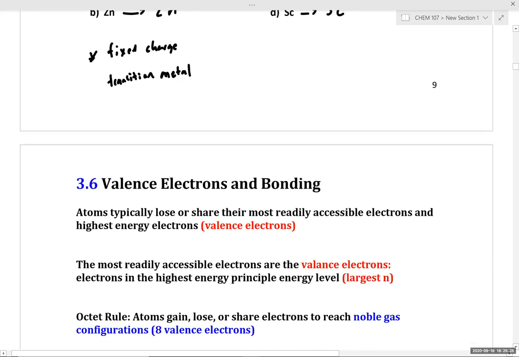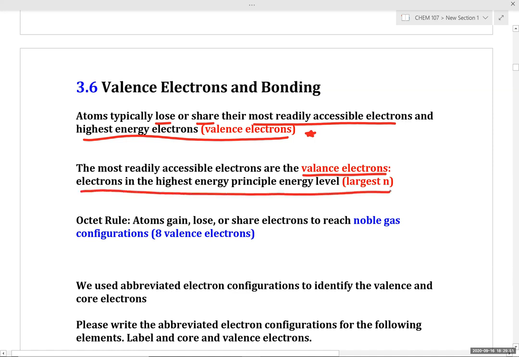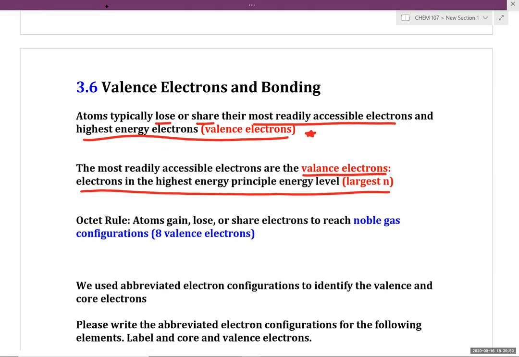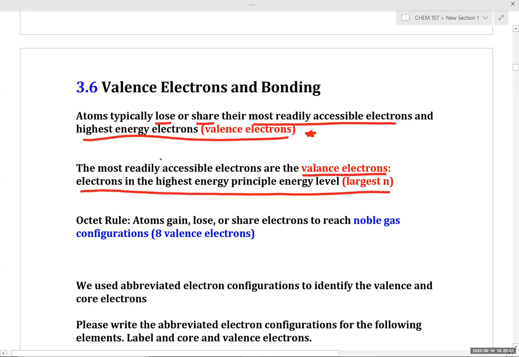Okay, let's keep going and let's talk about valence electrons and bonding. Atoms typically lose or share their most readily accessible, highest energy electrons, otherwise known as the valence electrons. The valence electrons are defined as the electrons in the highest principal energy level, the electrons with the largest n value.